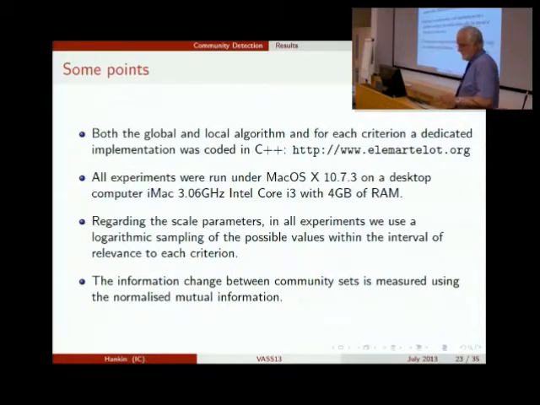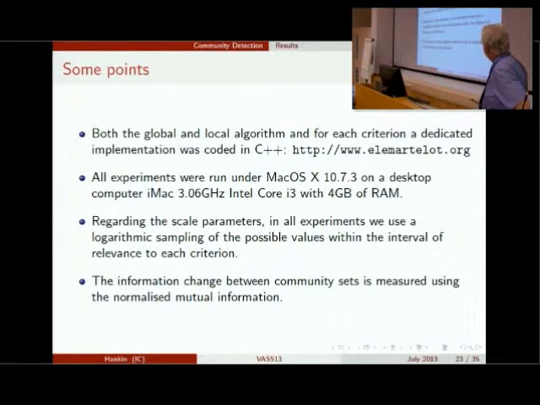I've got some experiments, but the paper has many graphs from experiments, and I decided to concentrate on just a few. The scale parameters were sampled logarithmically over appropriate ranges for each of the algorithms.